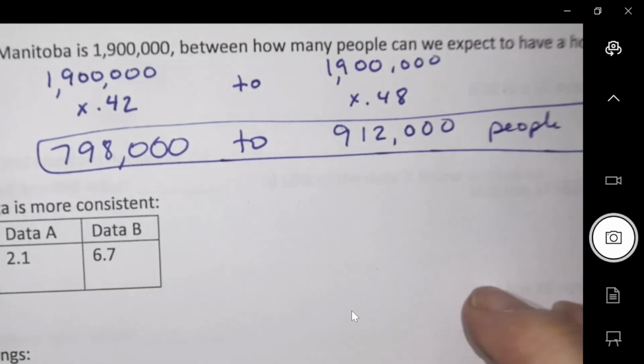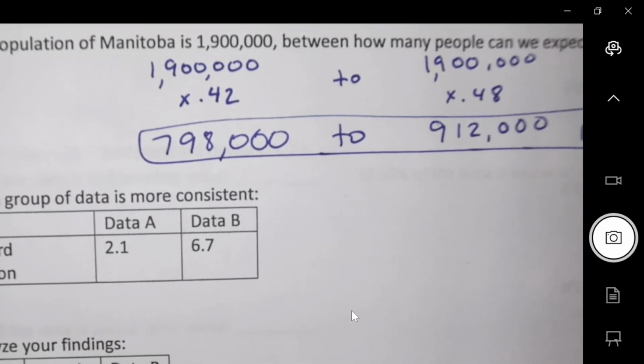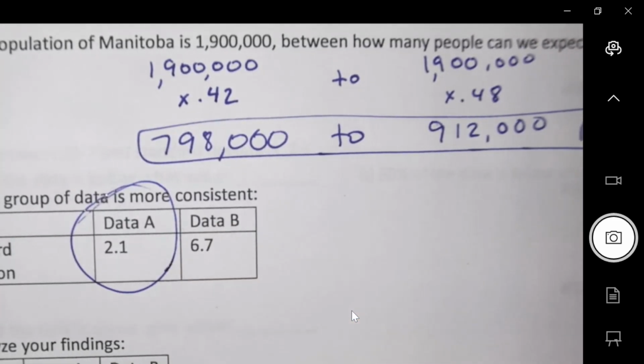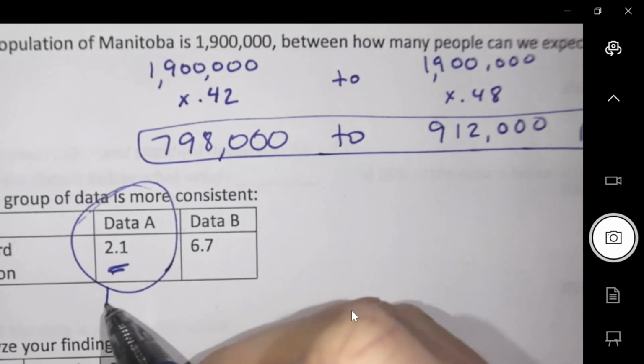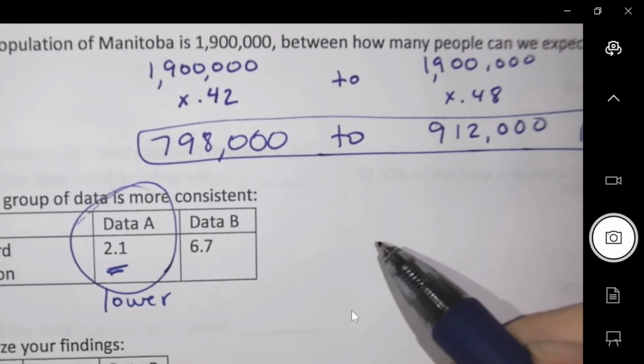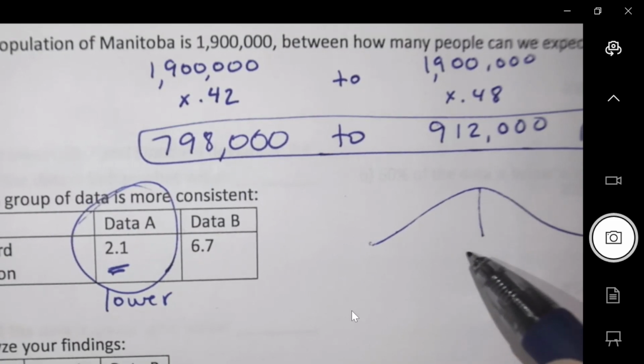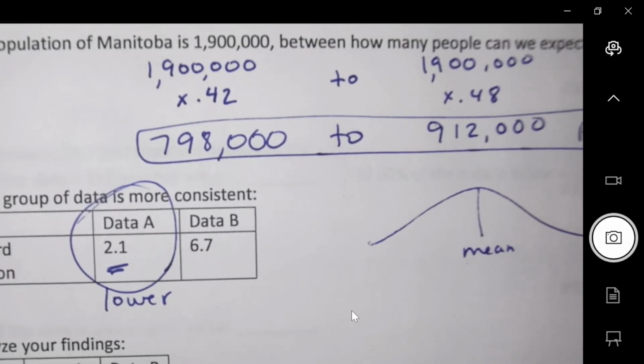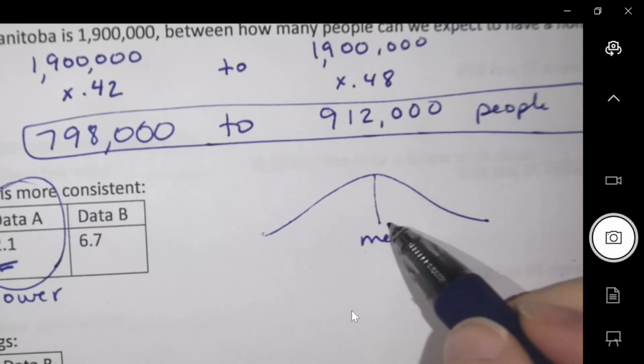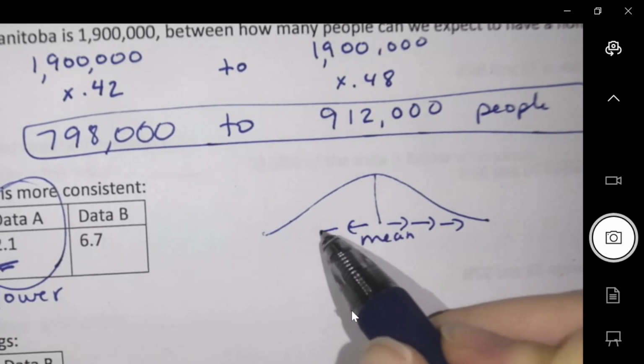Okay, question 4. Which group would be more consistent? A or B is more consistent if they're writing a test? Who's more consistent, my first class A or my second class B? A. Why? Lower. So think about your average.